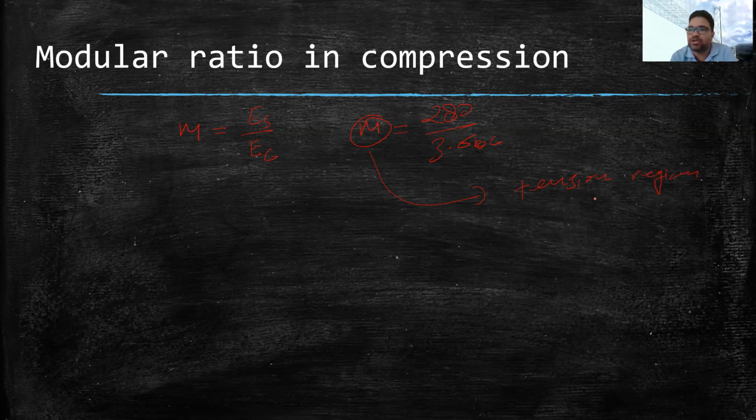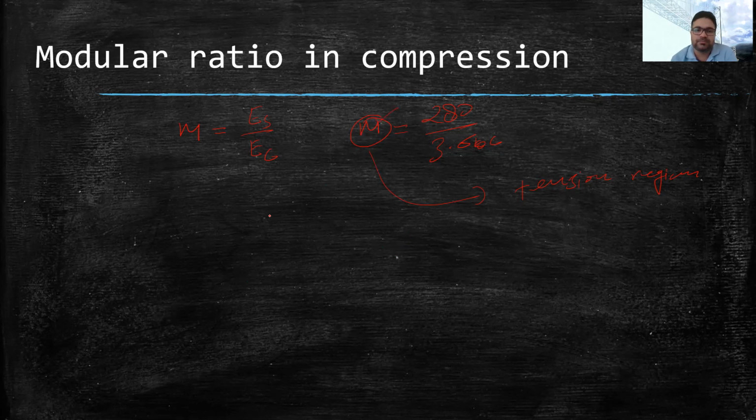But now as we are talking about the doubly reinforced beam, we provide reinforcement in the compression zone also. When we talk about compressive steel in the doubly reinforced beam, this modular ratio will not work.